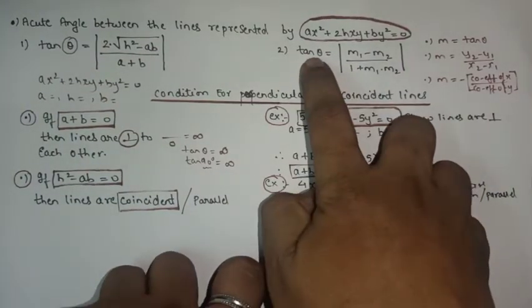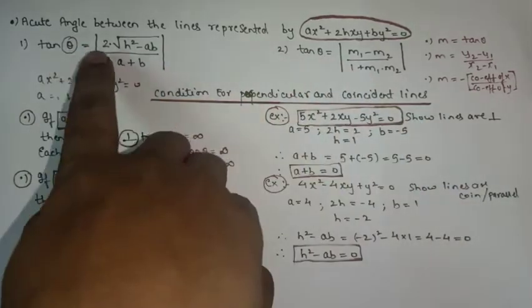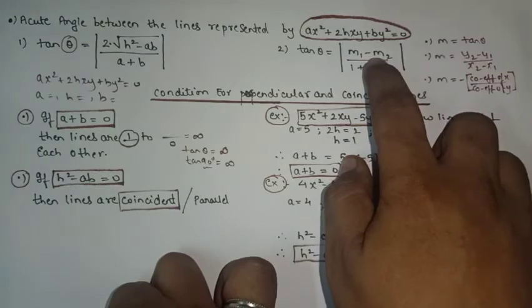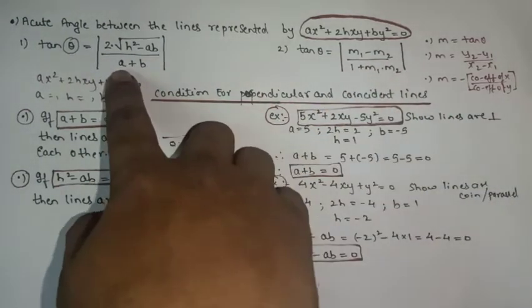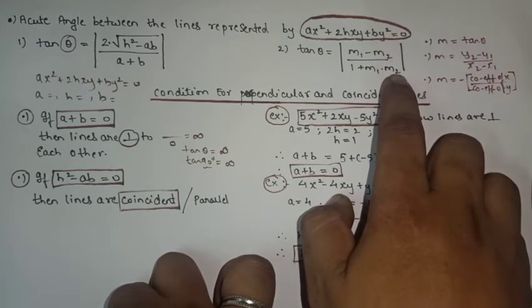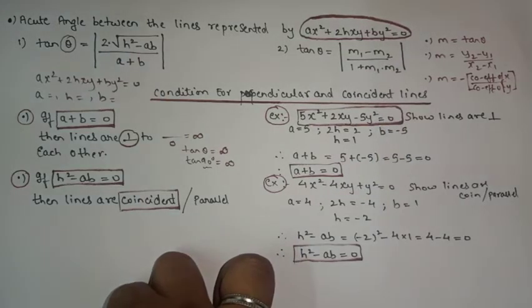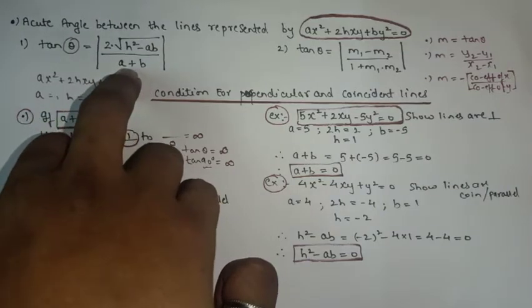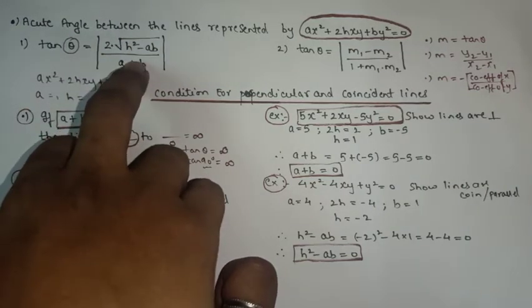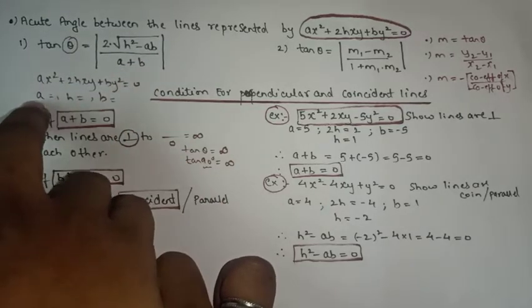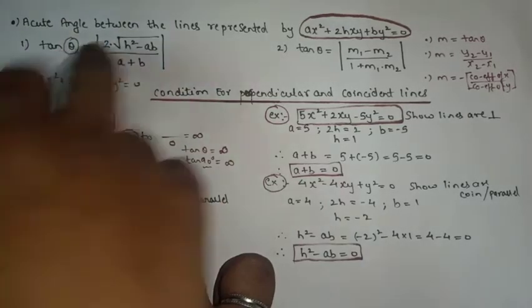So here tan theta, in place of 2 root h square minus ab, is m1 minus m2, and in place of a plus b is 1 plus m1 into m2. So the first formula you apply when you have the equation of the line in this form, where you get the values of a, h, b; substitute the values, you will get theta.